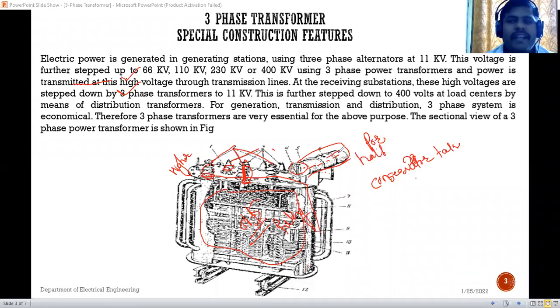What is the reason behind it? Sanga, why is the conservator tank half filled? Can anyone tell me the reason behind it? Anyone? I want an answer from any one student, single student.